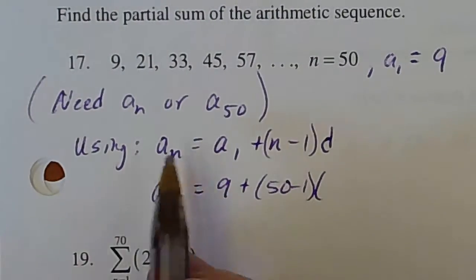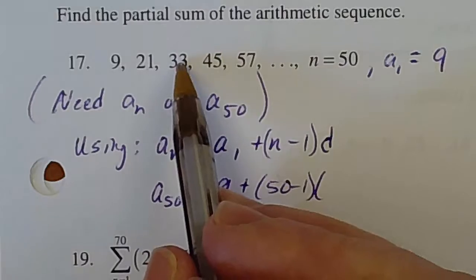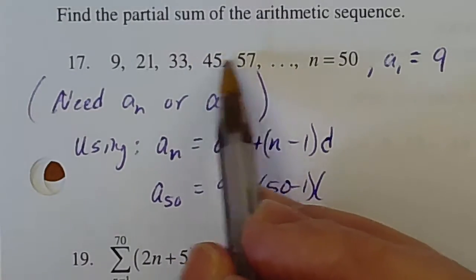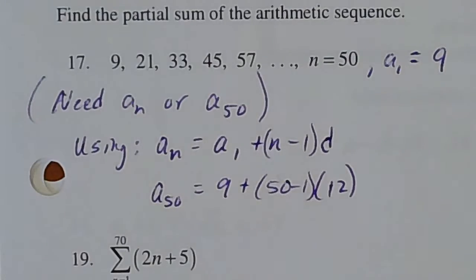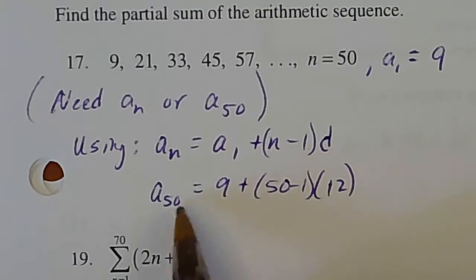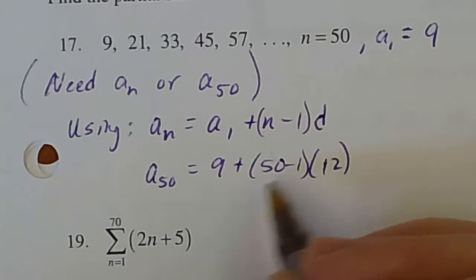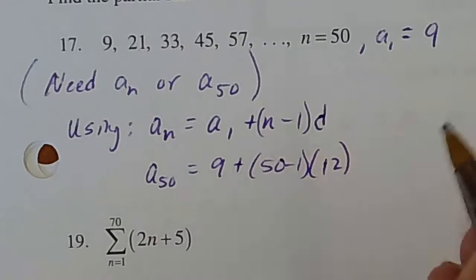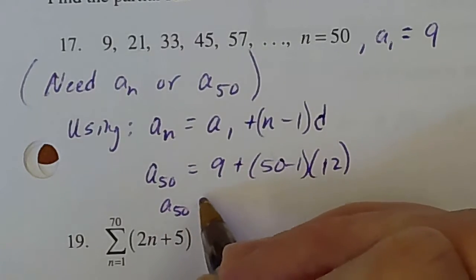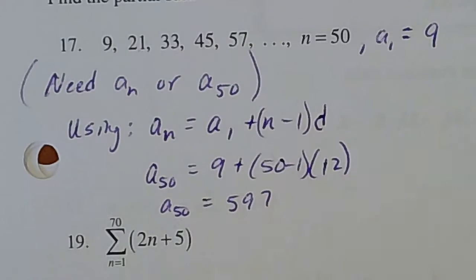You have to look at the sequence and figure that out. We can see that 12 is being added to get to the next term, or you could subtract to double check. So 12. Sometimes we simplify the formula, but since we're just trying to get A50, this is enough. Then we do the math: 49 times 12, plus 9. It's 597, but just dump it in your calculator to get it.